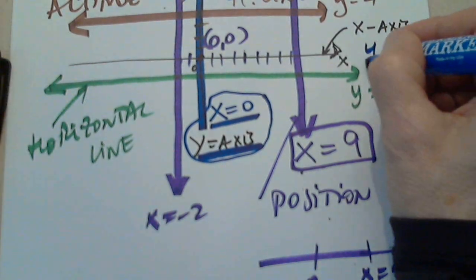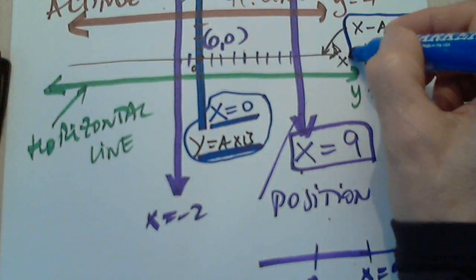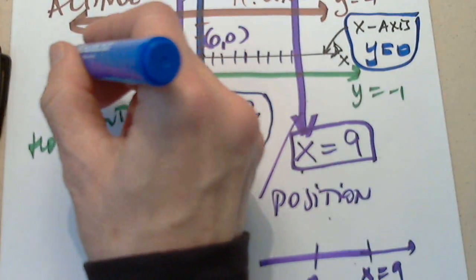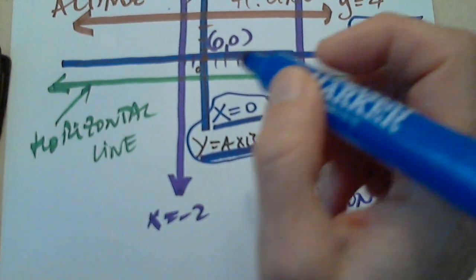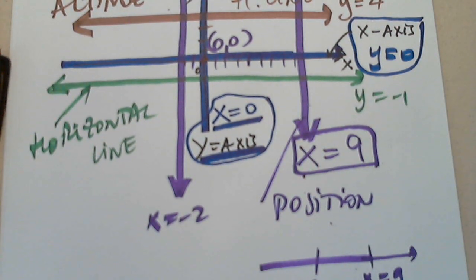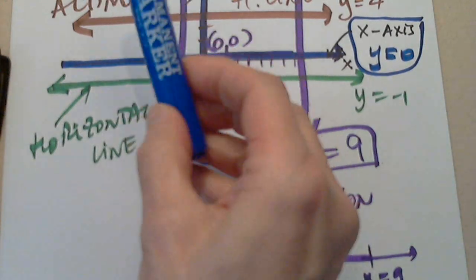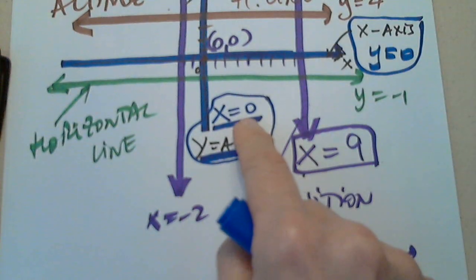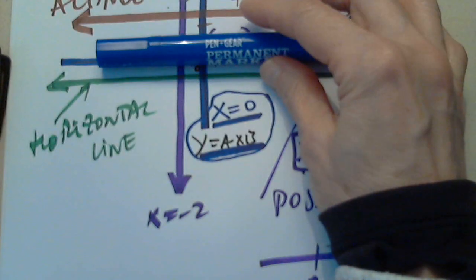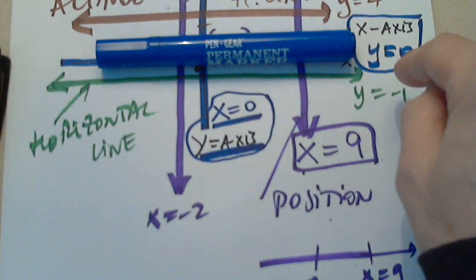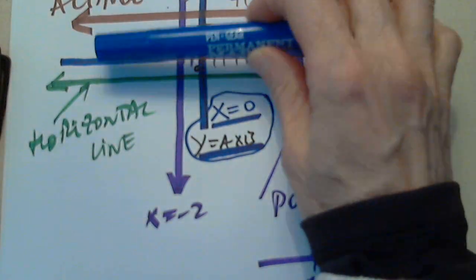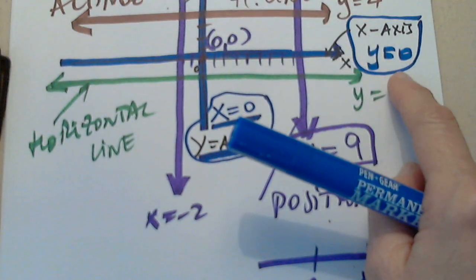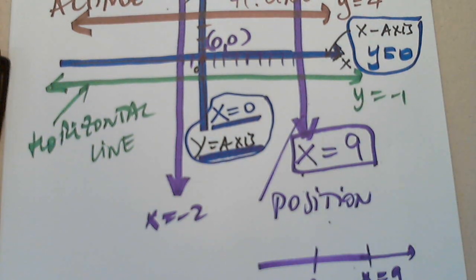Y equals 0. Please remember this line is the equation of the x-axis. The equation of the y-axis is x equals 0. The equation of the x-axis is y equals 0. This is carved in stone, and this is super important to understand from the get-go.